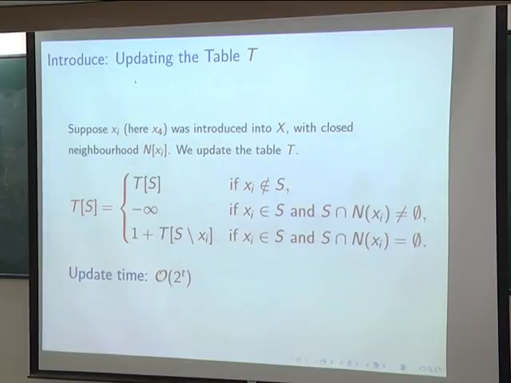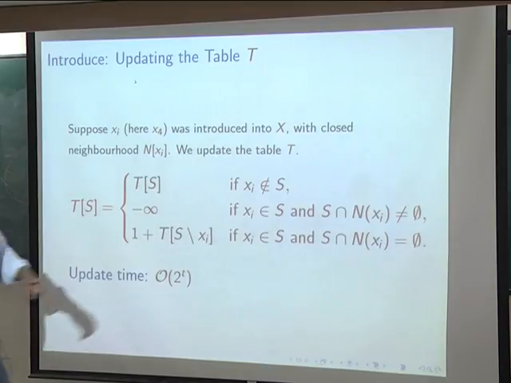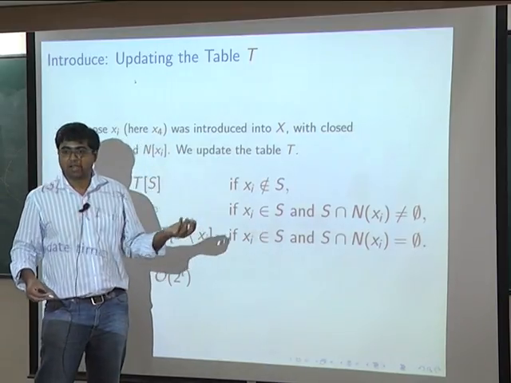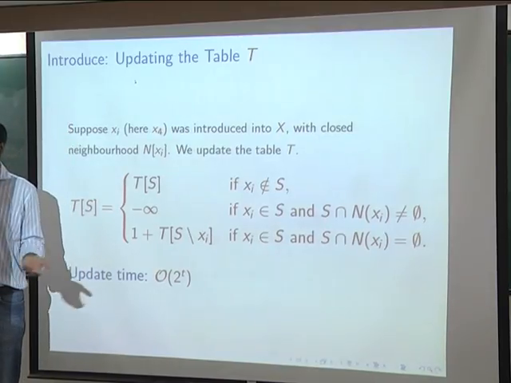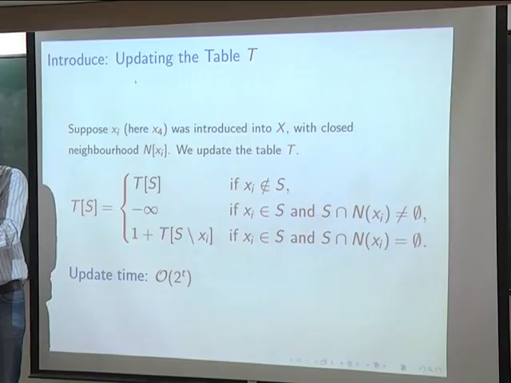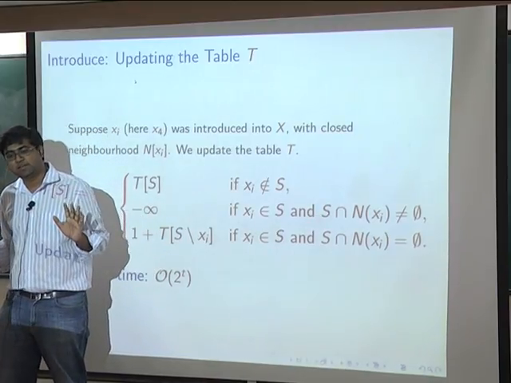So if xi belongs to S, we are looking for a largest independent set containing S such that the intersection of S with the boundary is exactly S. Why should it be minus infinity? It's 1, right? No. If I have started with S where I have xi and its neighbor, it can never be, it's already an edge. If the graph induced on S itself has an edge, can you extend it to an independent set?